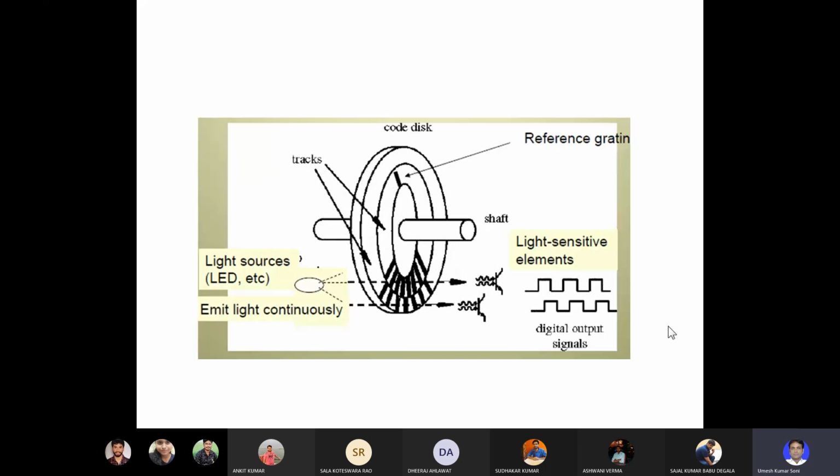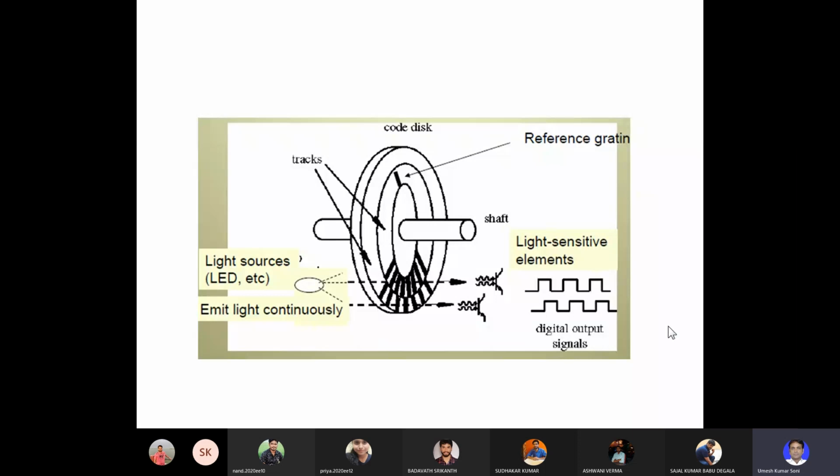Optical encoders may be of two types. One of the types is shown in the figure. You can see here there are two sequences of signals, phase A and phase B, and depending on the leading and lagging position of phase A relative to phase B, the forward or reverse rotational direction can be known. Here a zero pulse is also there.